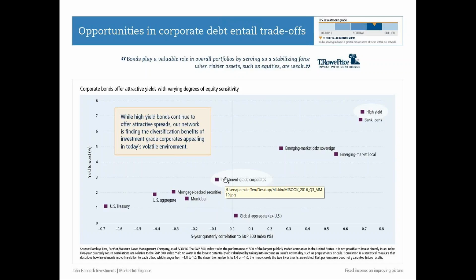We think they're good as a core position within your portfolio because it's a mix. They provide some downside protection if equities sell off, and they provide some return potential. So it's good in between as a starting point in your fixed income portfolios.